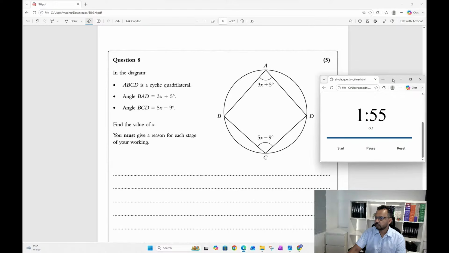So circle theorem proof came up in paper 1. I think you are likely to get a calculation or algebra related calculation related to the circle theorems. Things like that are more likely.